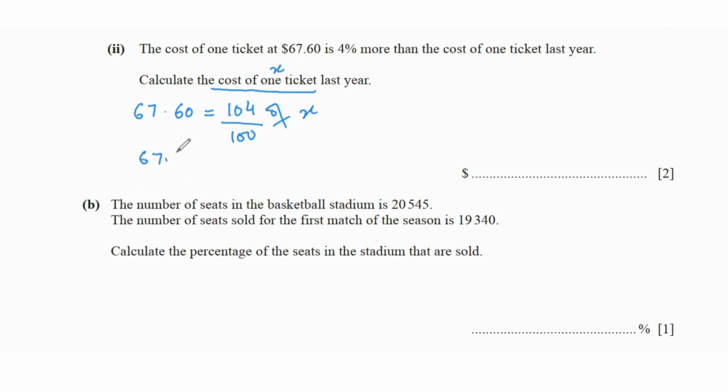So 67.60 times 100 divided by 104 equals X. And that means the cost of one ticket is going to be $65.